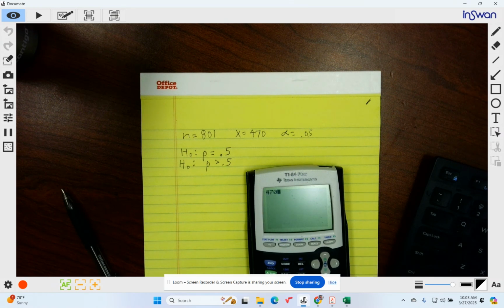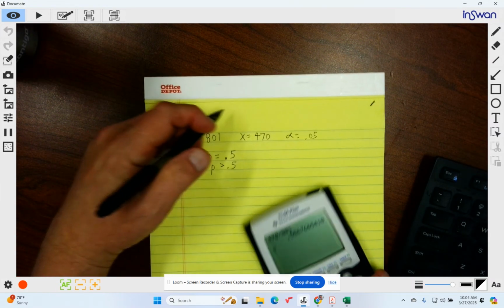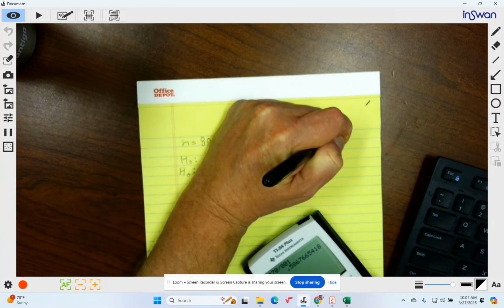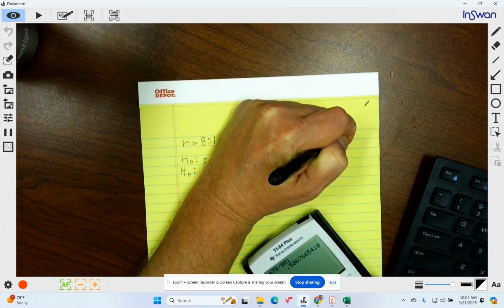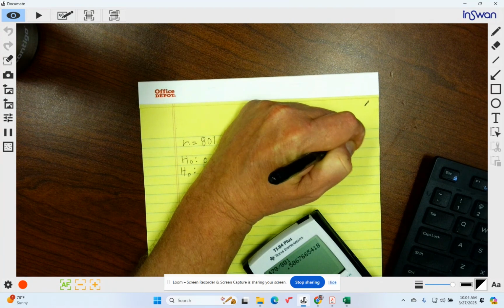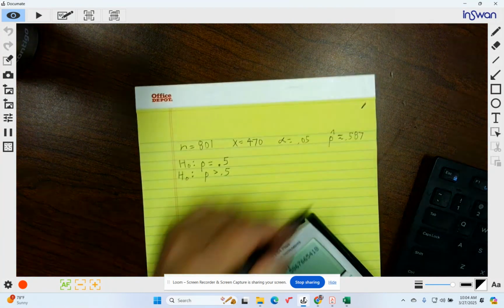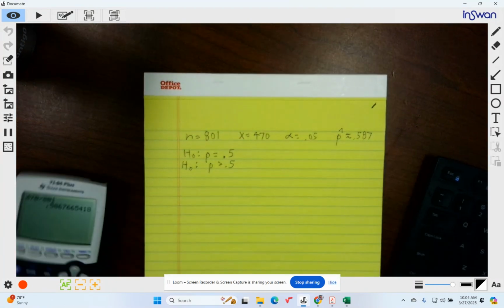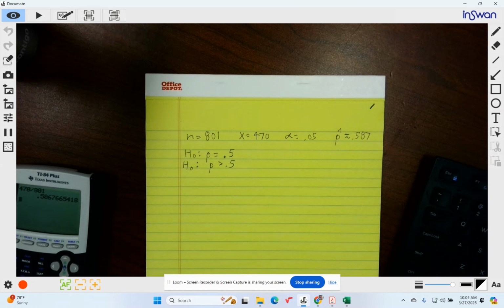So that would be 470 divided by 801. And that's, we'll say 0.587. So I'm just going to take note of what p hat is as well. And it's actually approximately 0.587, right? That's why I use those little squiggly equal signs.